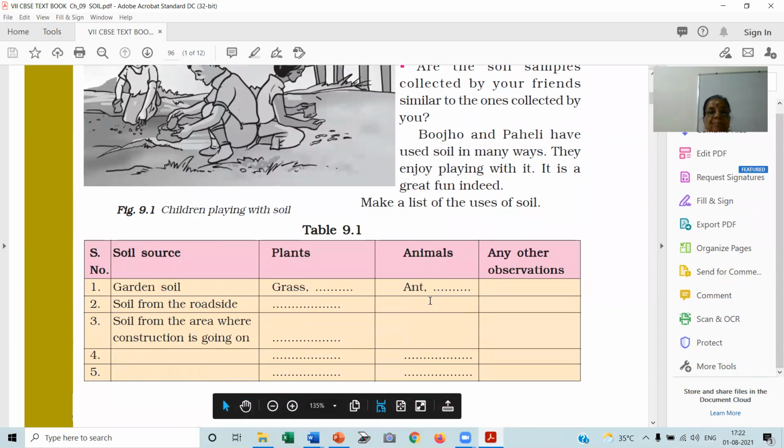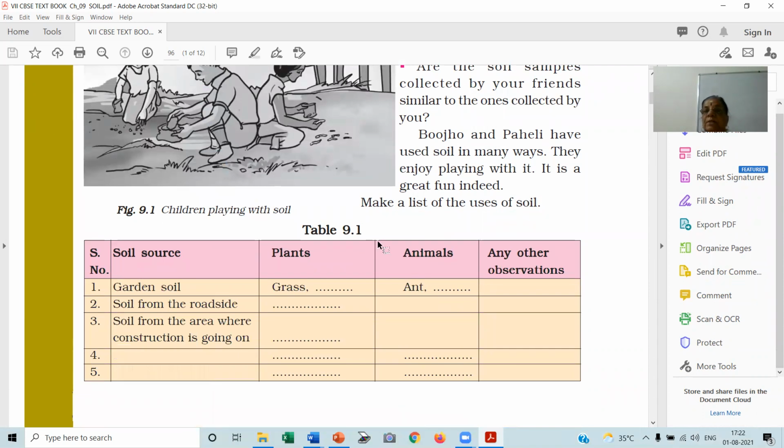The next one is the 9.1 table. In garden soil, see what plants and animals are there. Any other observation, you may have dry leaves, sticks. Soil from the roadside normally has few plants and no animals.